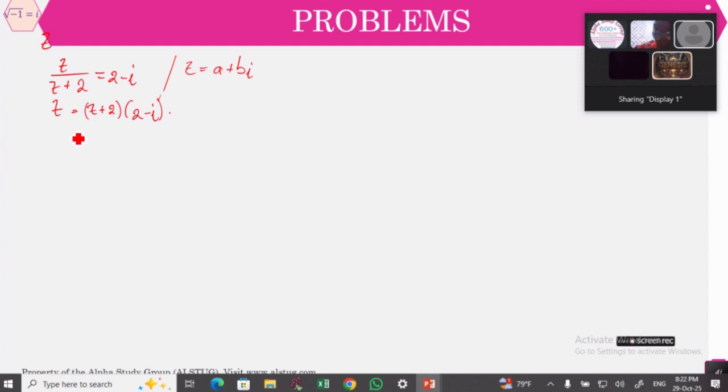We open our brackets: z times 2 gives 2z, z times negative 1 gives negative zi, then 2 times 2 is 4, plus negative 2i. Now we can carry all the z's to the other side.